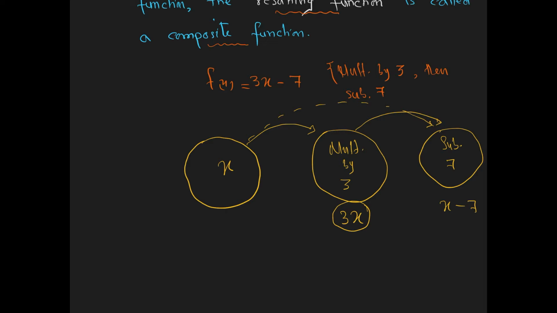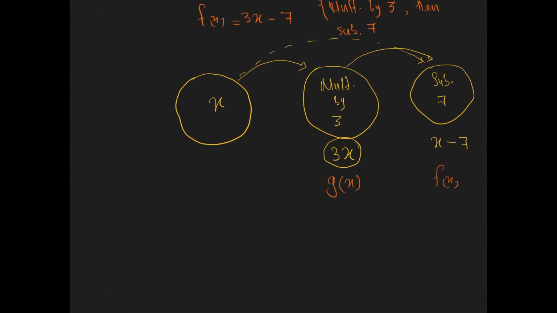We can name these functions as, let's say, this is g of x and this is f of x. Now g(x) is equal to 3x and f(x) is equal to x minus 7.